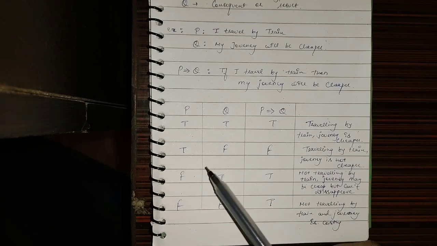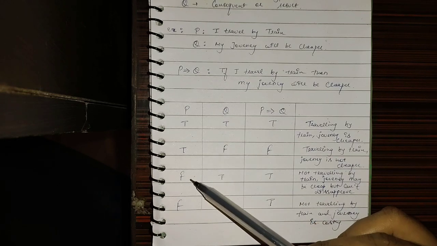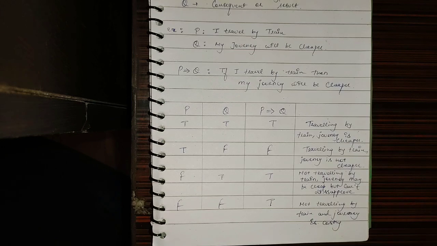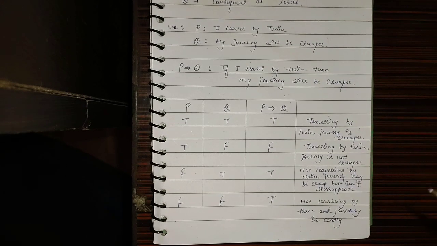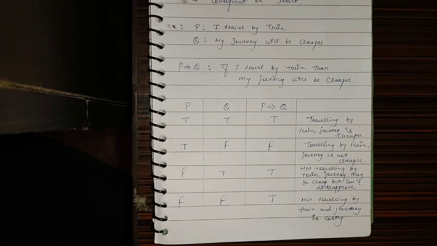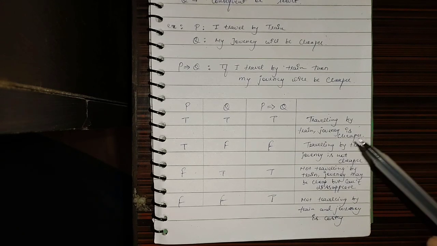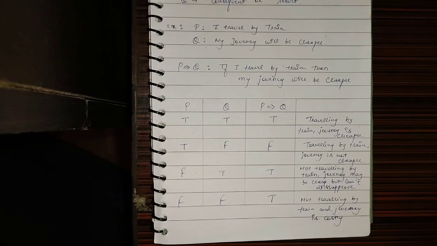When the hypothesis is considered to be false, when we have said that the statement P, what we were expecting, is false, but the conclusion that we actually get is true, then the conditional statement will be true.